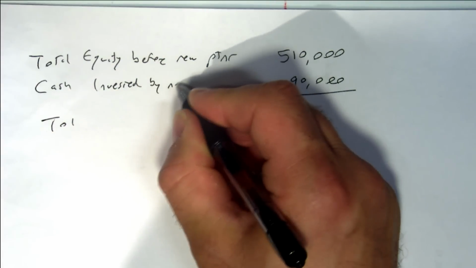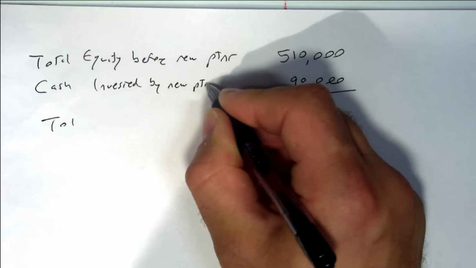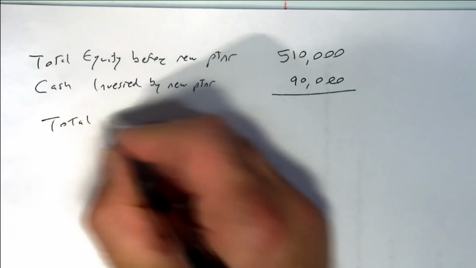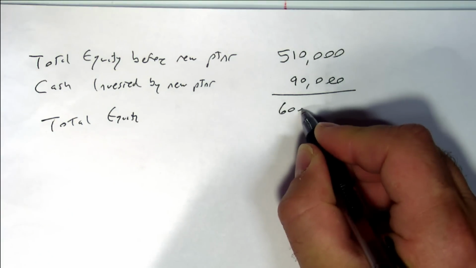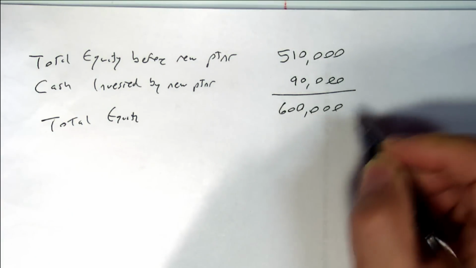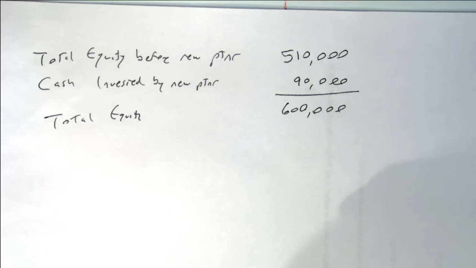So the total cash invested by the new partner, the total equity after that will be 600,000. Is that correct? And then what is the percent ownership they're going to give? 15.